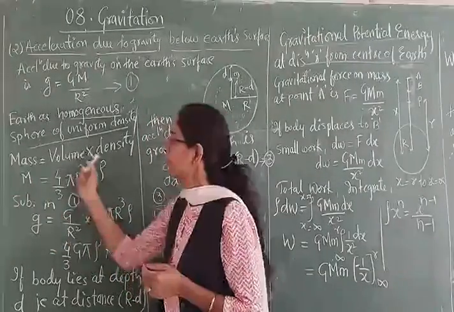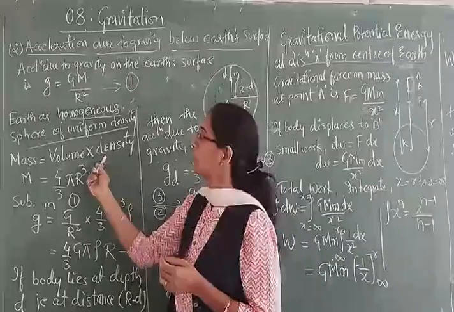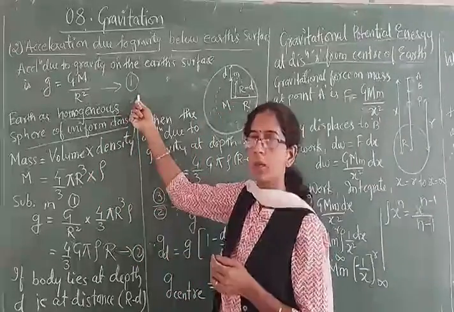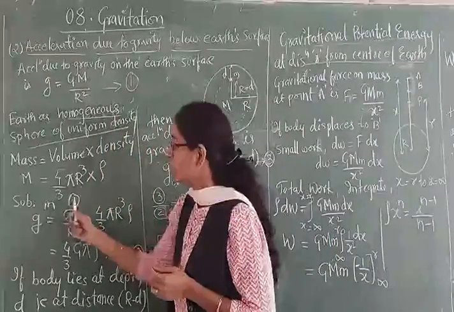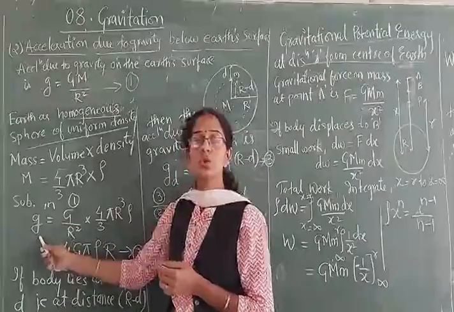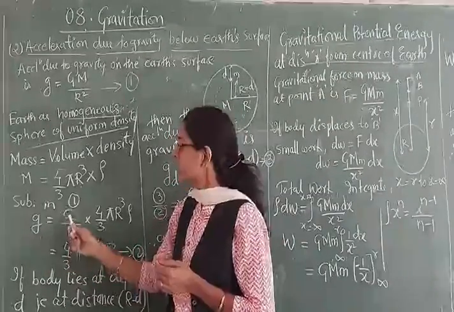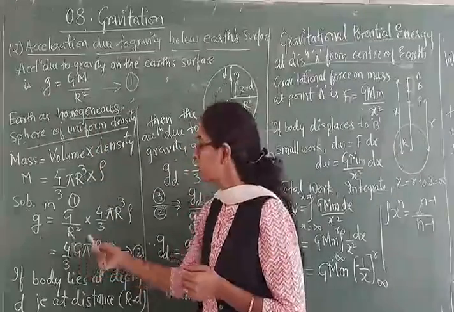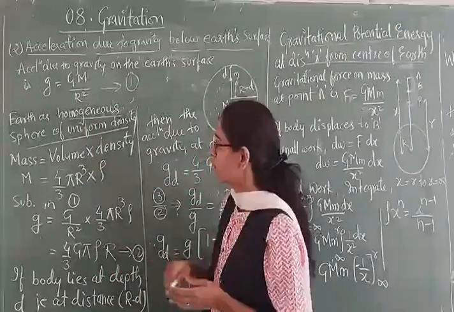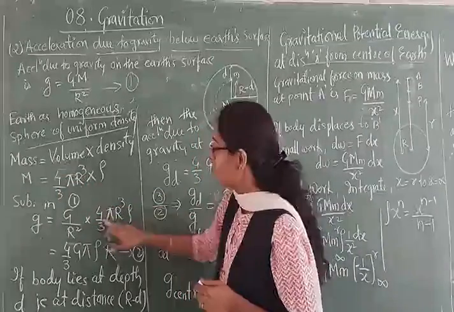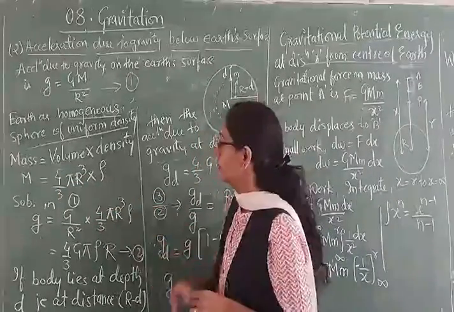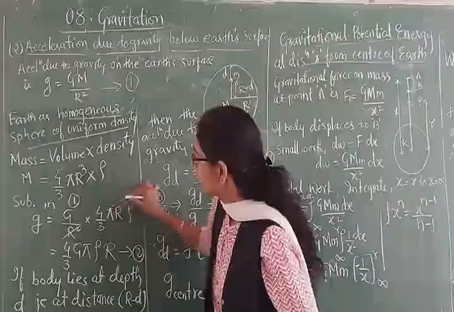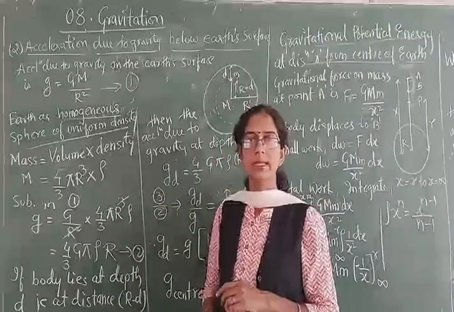Now I will substitute this value for mass in our equation number 1. From equation 1, when I substitute, I get acceleration due to gravity small g as capital G upon r square into the mass, which is 4 upon 3 pi r cube into rho. Here the r square and r square terms will get cancelled out.